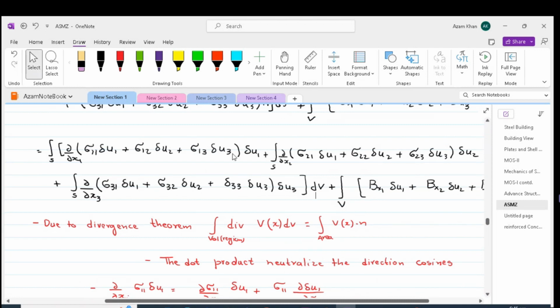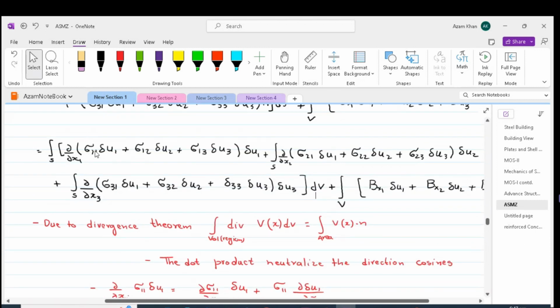The first coefficient of delta U1 is comprised of three terms, and all these terms are getting partially differentiated with respect to x1.